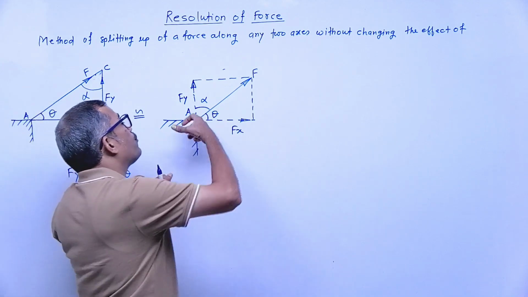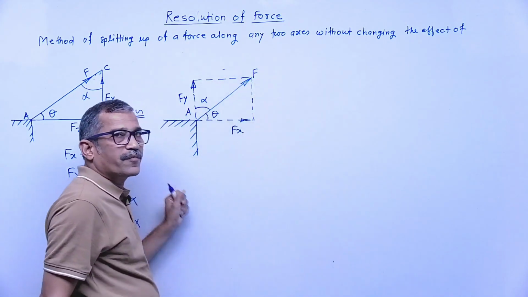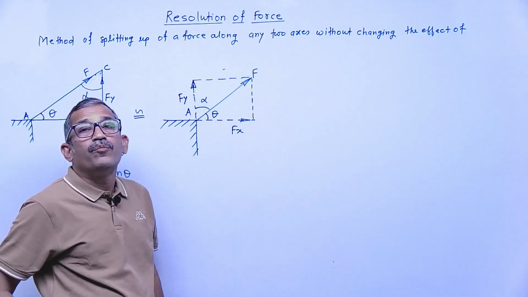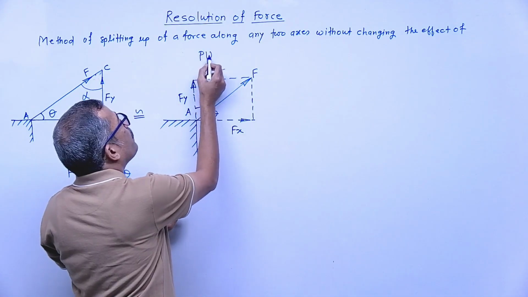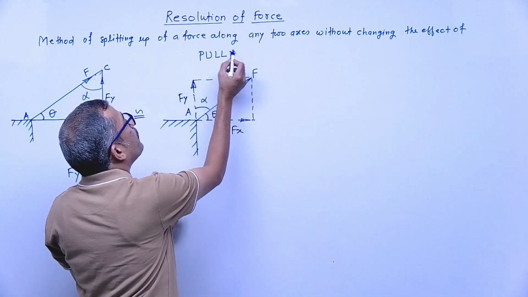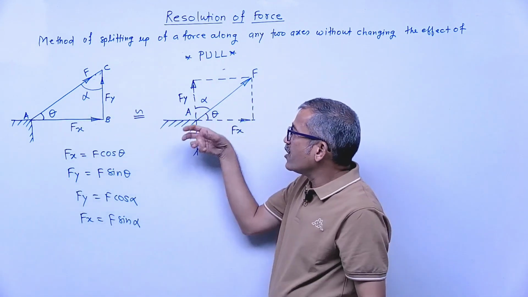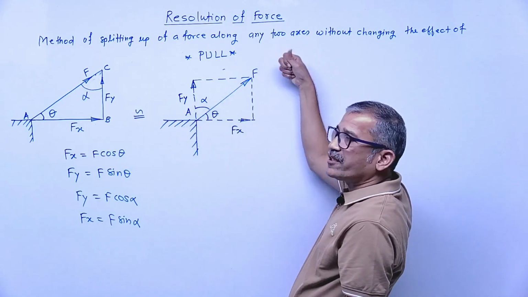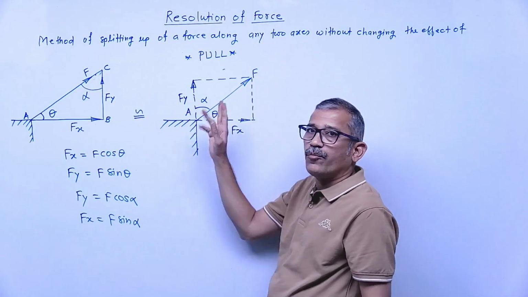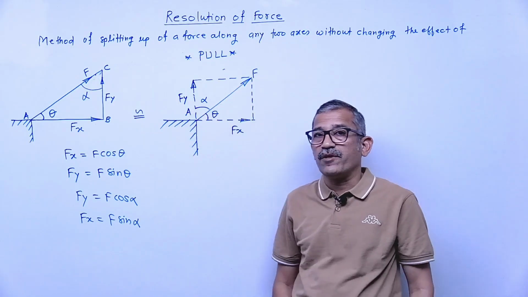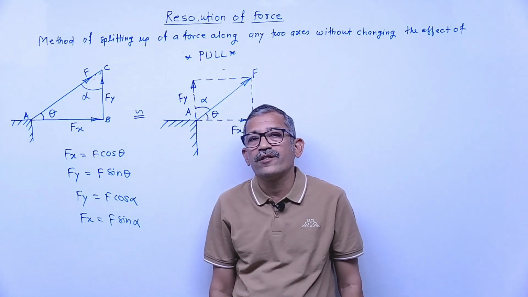This force I represented here is away from the body. Away from the body means a pull type of force. Nature of force is pull, right? Just check here: the given force is pull in nature, so the components are also pull in nature, away from point A. Next important point: if the nature of force is pull, the components are also pull.